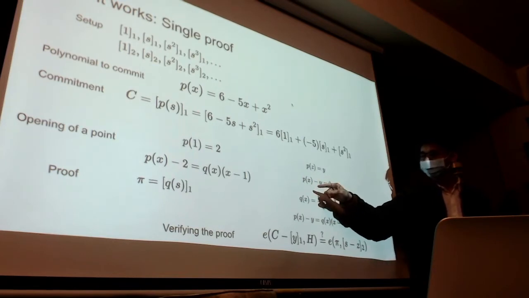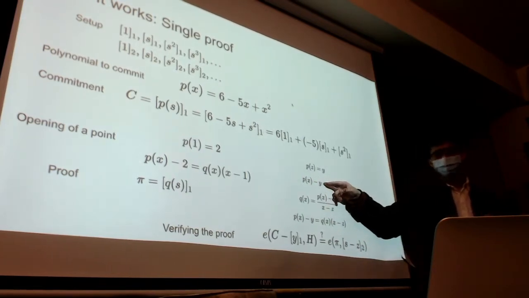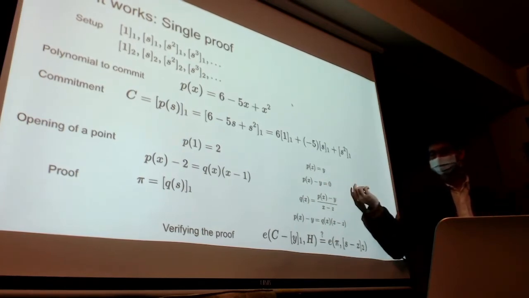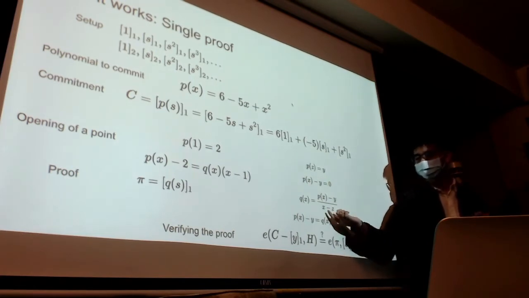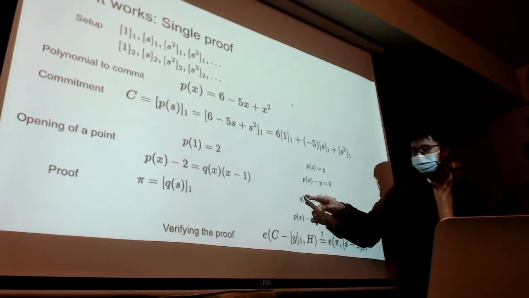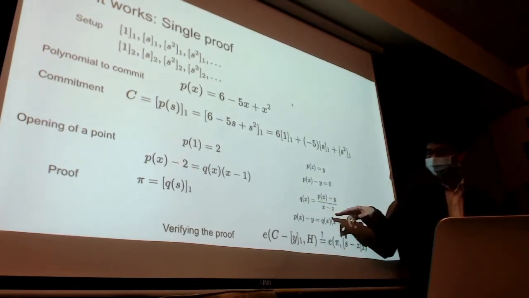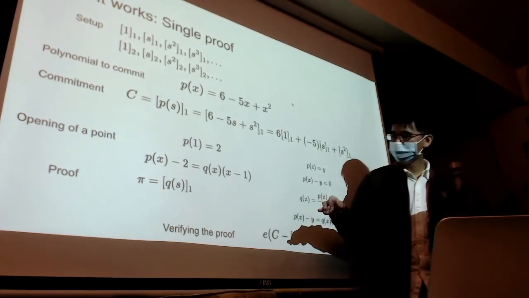If this evaluates to 0 with a solution x equal to z, then the polynomial must be divisible by x minus z. So we have this quotient polynomial.